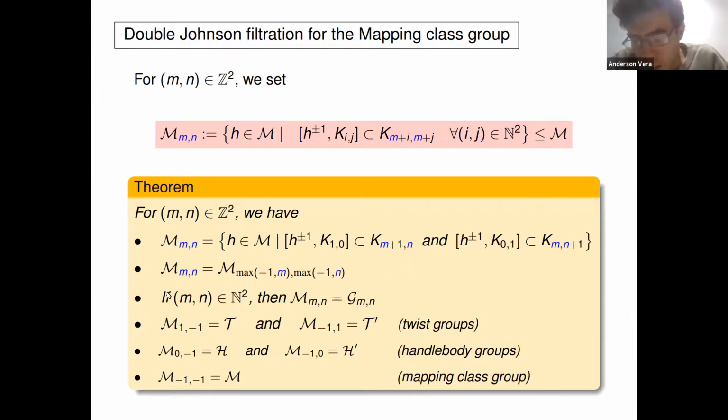Of course, by definition, for non-negative integers it coincides with the double filtration of the Goeritz group, and we can identify the leading terms. Here we have the double filtration for the Goeritz group, and here the extension for the mapping class group. We have the twist groups here, the 2 handle body groups here, and the mapping class group.